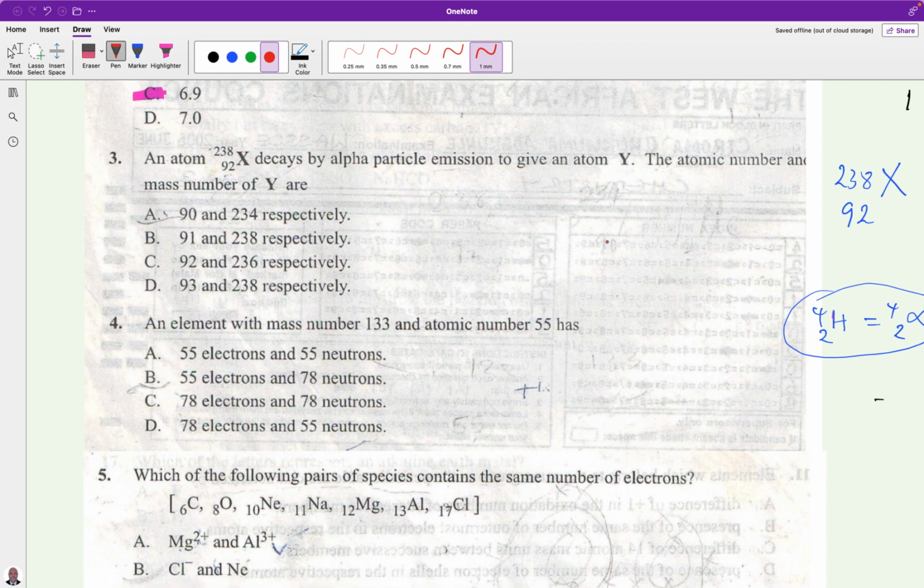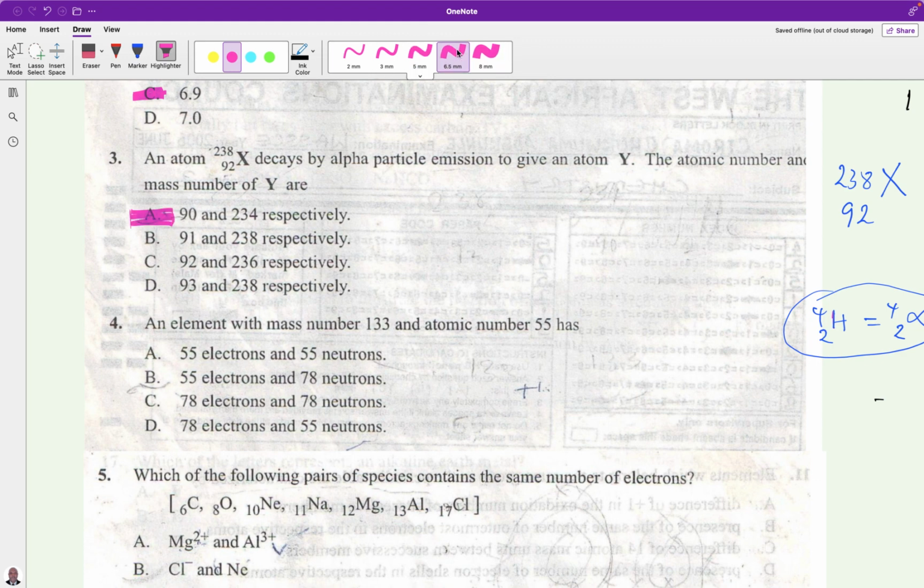So our answer for question number 3 is A.